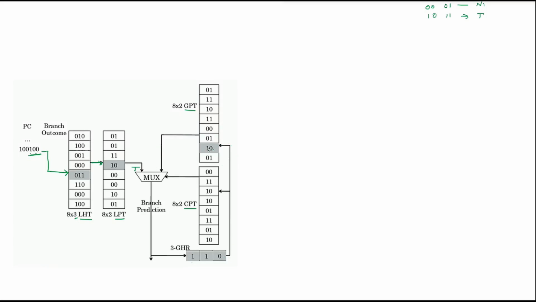The value already there is again 10, so according to 2 bits, the output of the global prediction table is also taken. Both outcomes are taken, so there is no confusion. Confusion arises only when one is taken and the other is not taken. Assume the actual branch outcome is also taken.